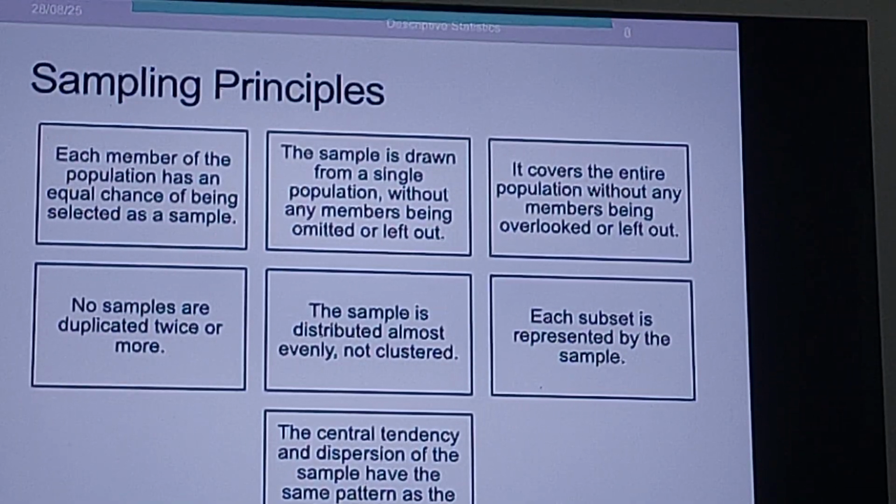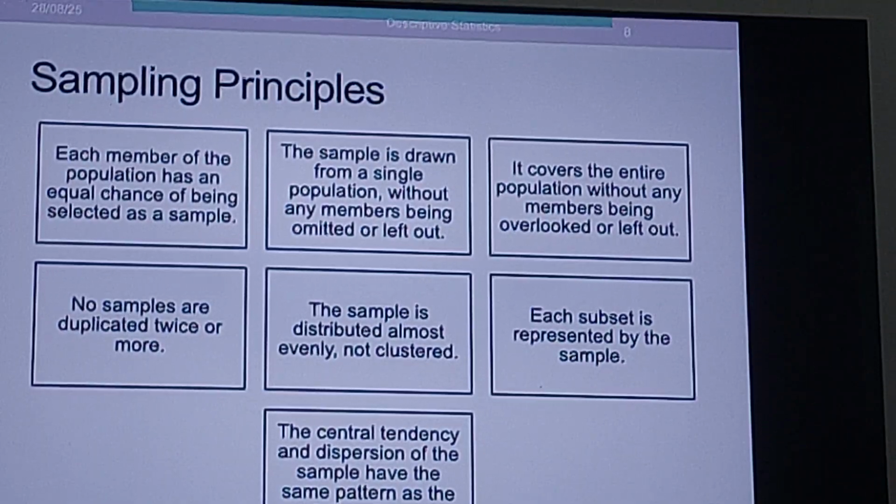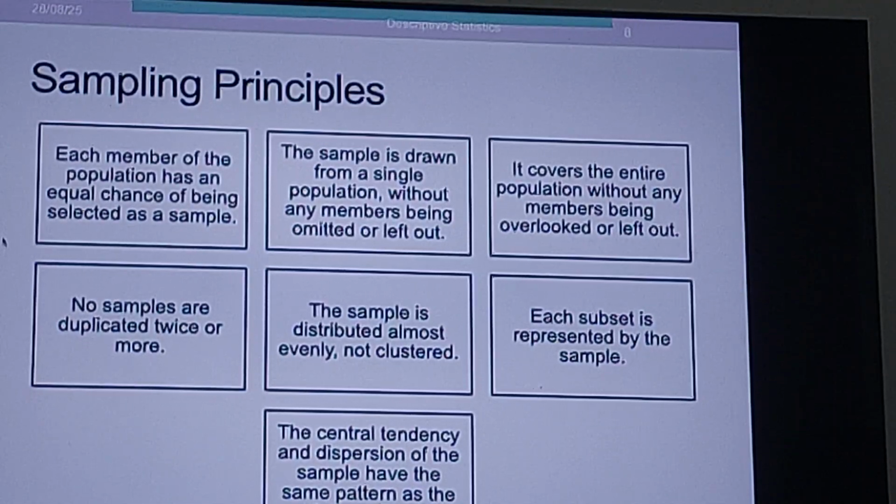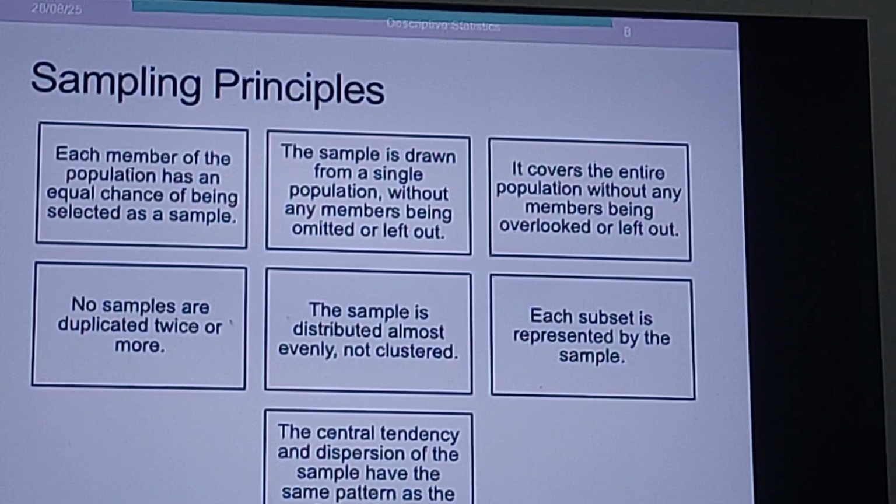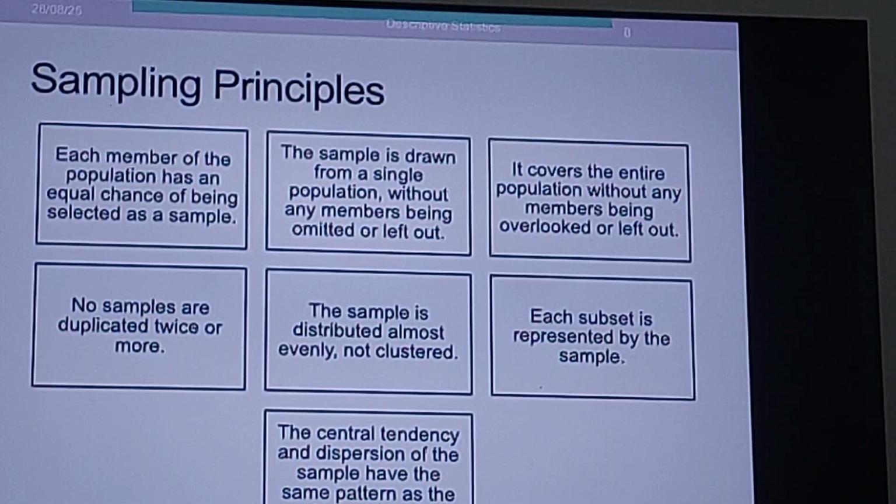Please take it randomly. That's why all of the students will have an equal chance to be selected as a sample. And for the other principles, please study by yourself, and I will move to the next one.